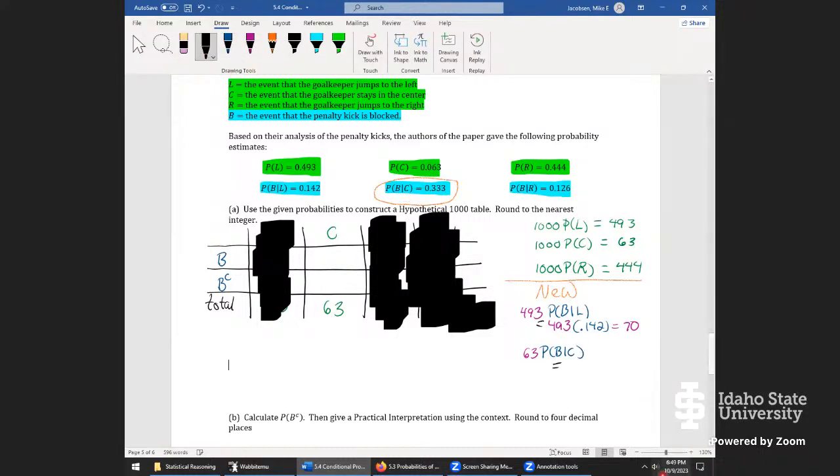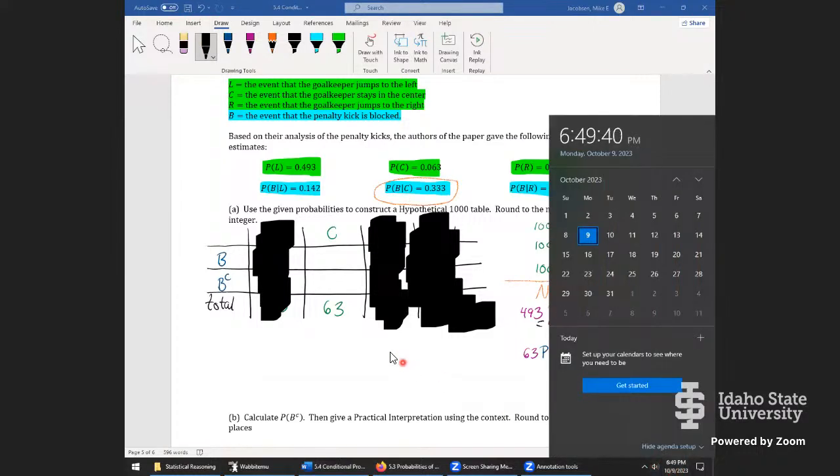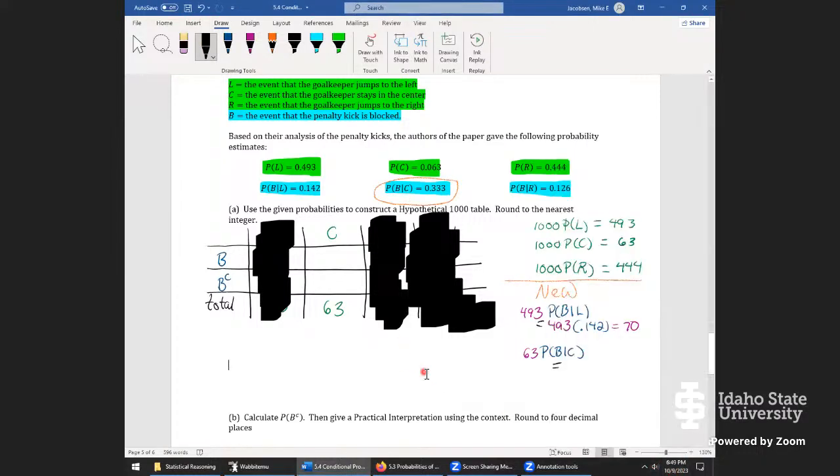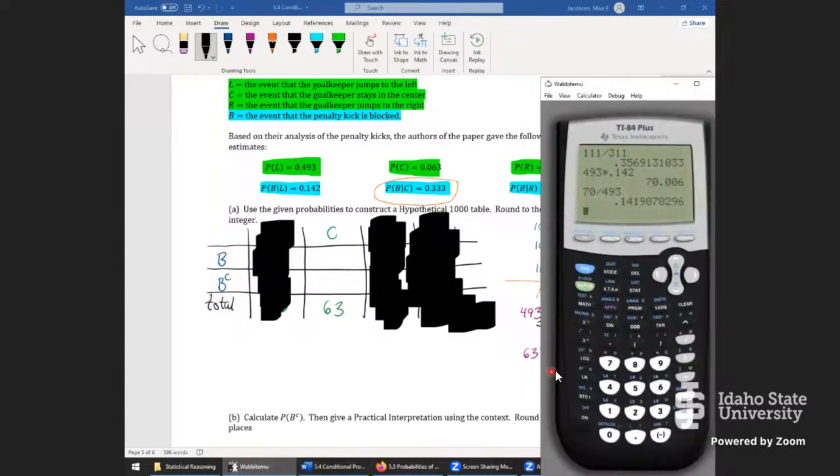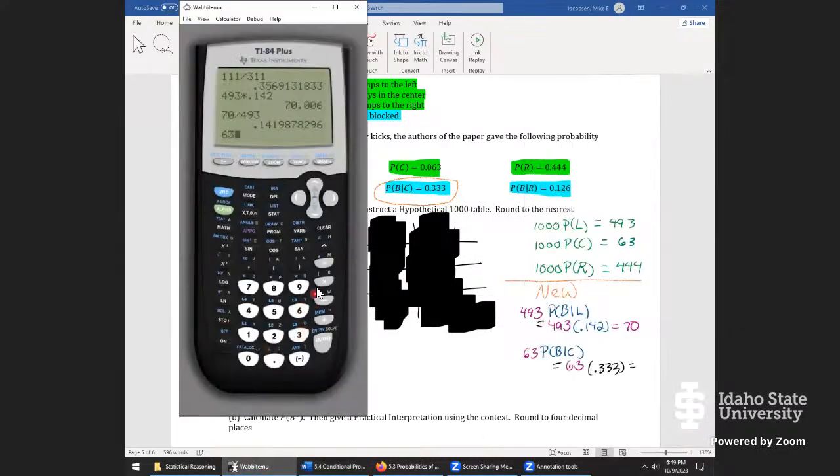And if I had been looking at the clock, I'd realize we've got like 20 seconds. Sorry about that, folks. Let me write this in as 63 multiplied by the probability of B given C, which is 0.333. Looks like that was meant to be a third, but it was rounded. 63 times 0.333, and I would round this one to, how about 21?